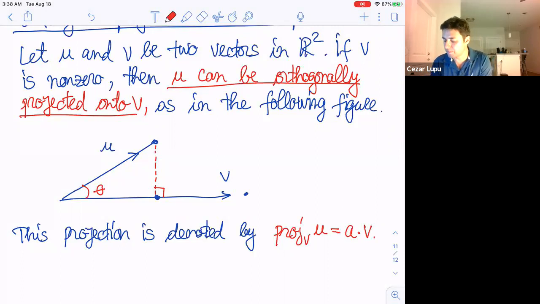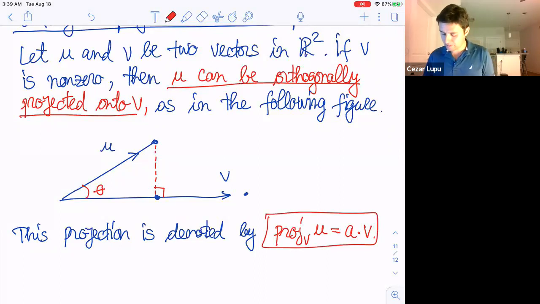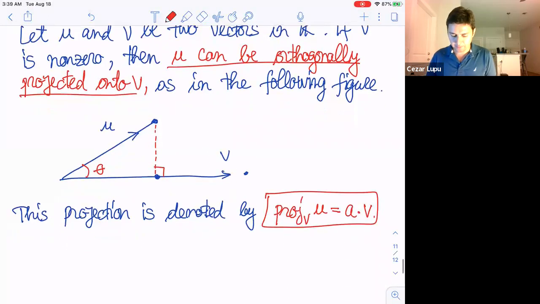And we can actually compute this, and the way we're going to compute this will be in the following way. Now, let's look at the case when a is positive.